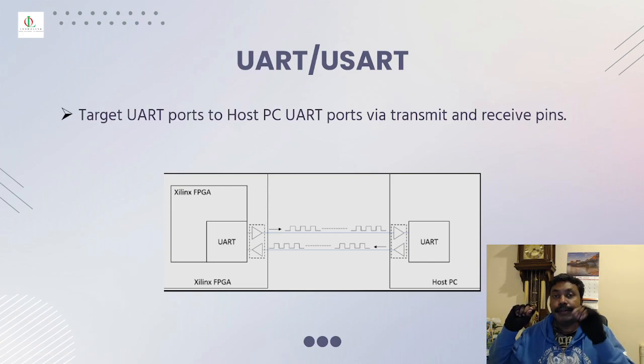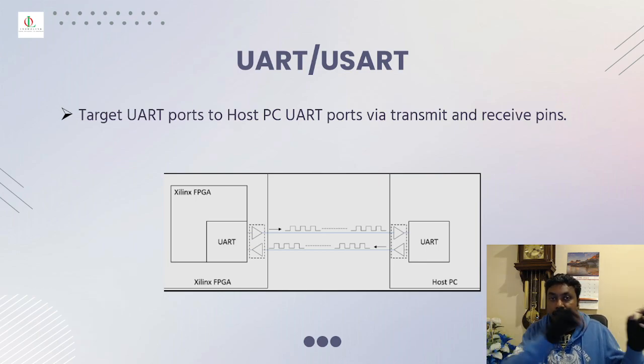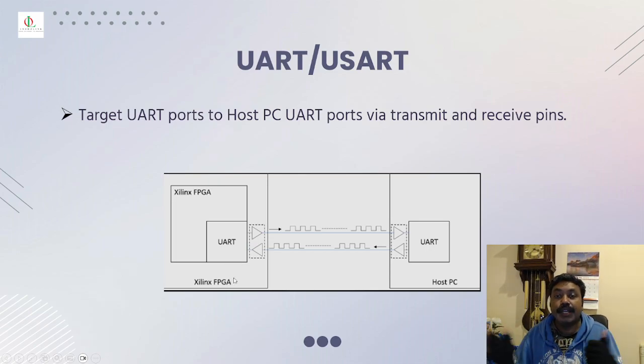Once you hit transmit, it has to receive on the other end. And once that's received, it has to transmit back to get to the previous location. Likewise, the host PC will send data from its transmit pin, and the UART receive pin on the Xilinx FPGA will get the data. So this is how the transmission happens.